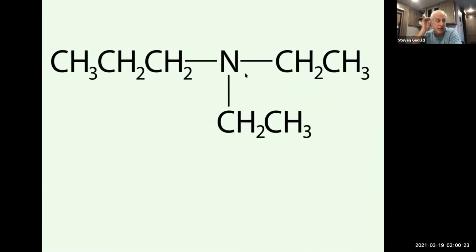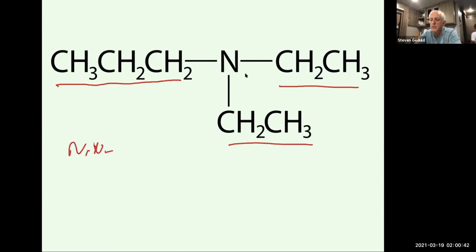This one is a tertiary amine. So we've got a group here, a group here, a group here. How's it going to start off? It's going to start off with N,N. And then what do we have? We have 2 ethyl groups, so diethyl.